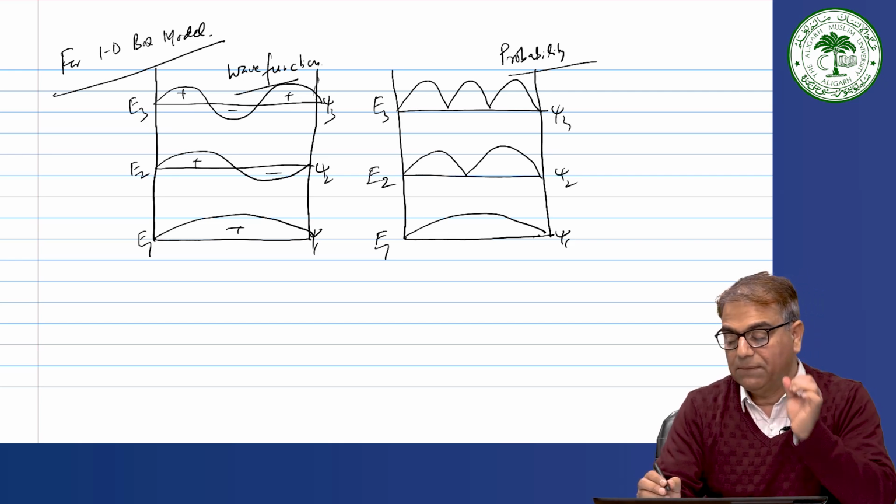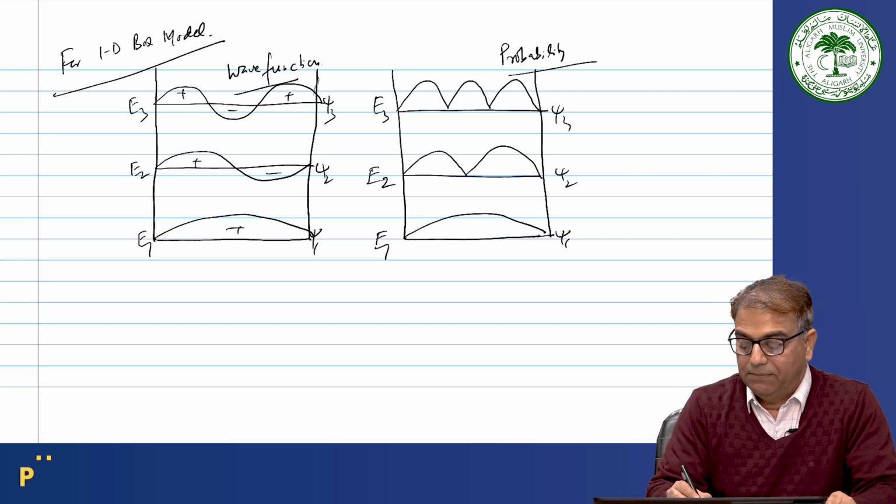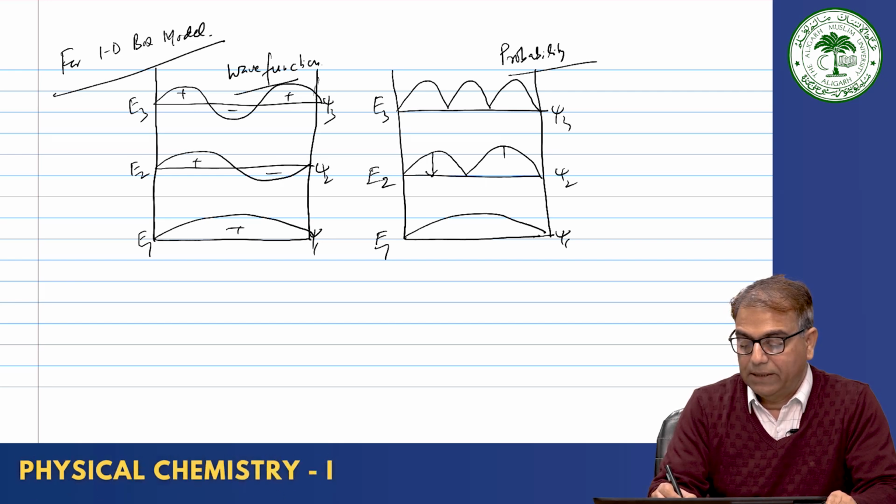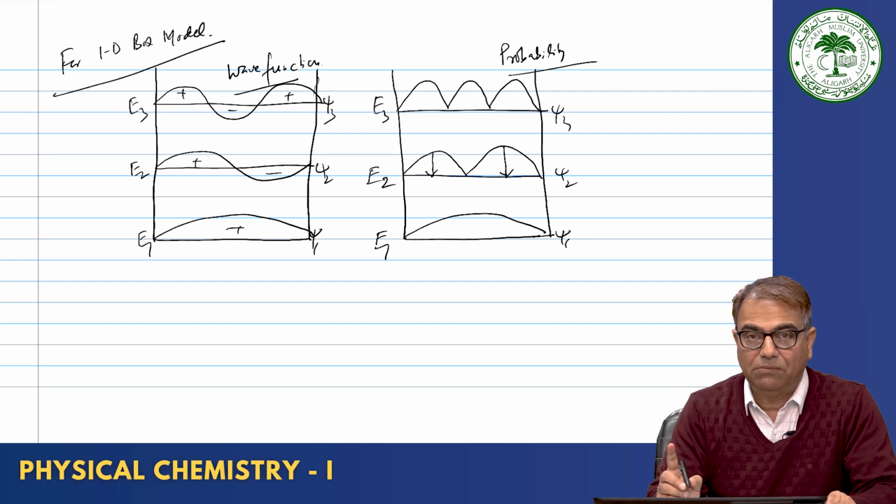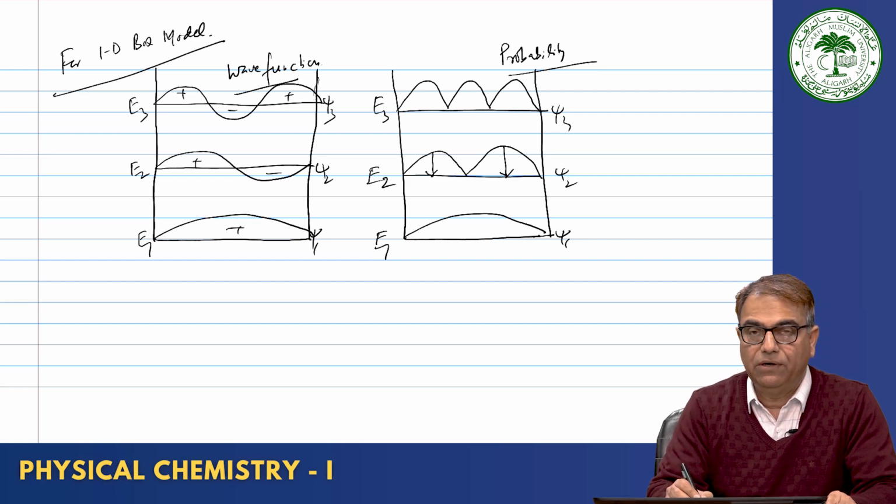So, if you place a particle like this, then the particle has a probability of being found at this point, and a probability that it will be found here. And see, it is a one dimensional box. So, the particle will not go in the y direction, it has to move on this line only, in the x direction, because we are talking about a one dimensional problem.